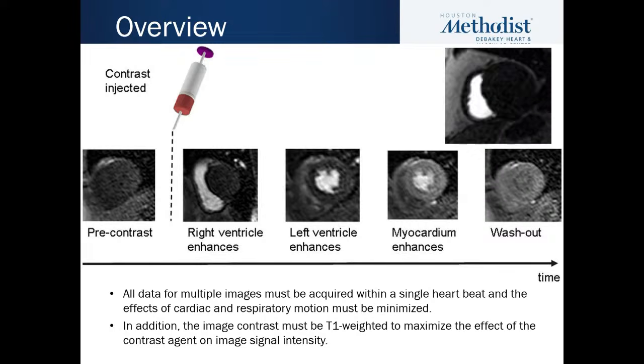And then you'll see as the contrast washes into the left ventricle, the uptake of contrast by the myocardium. So as a result, if there's an area that is ischemic, it will not get as good contrast on first pass. And you'll do the same technique. You'll stress the patient, you'll give them regadenoson, and then you'll do a stress acquisition, and you'll do a rest acquisition, and you'll compare the two. So that part is similar to what we do in nuclear and echo.